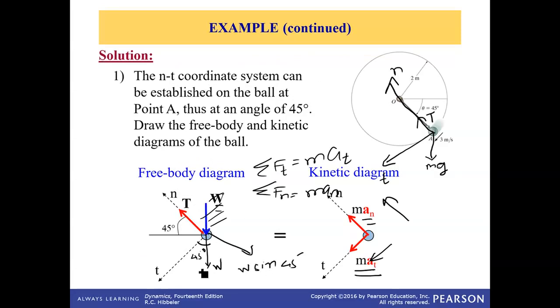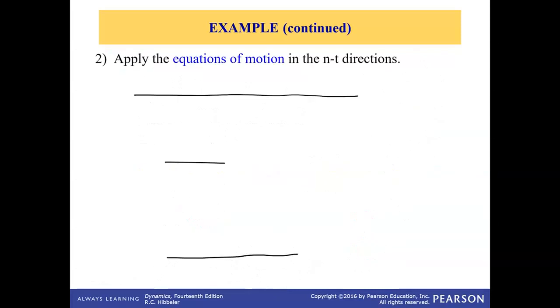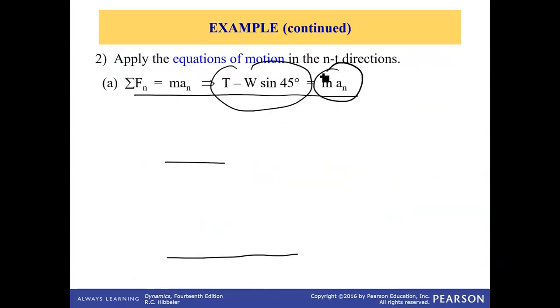Going back once again, along the normal direction, the forces are T and W sine 45. This W can be resolved into two components: W cosine 45 along the direction of t and W sine 45 along the direction of n. However, W sine 45 points in the opposite direction of n and T is in the direction of positive n. So it's T minus W sine 45 equal to m times normal acceleration.